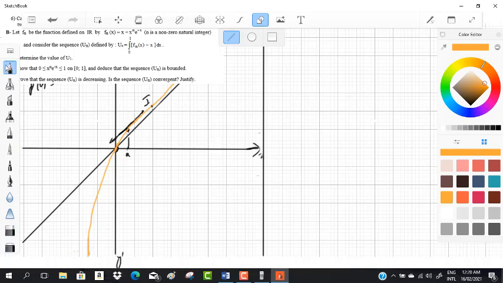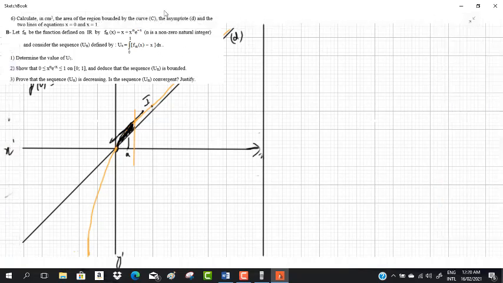The area is this region here, between the curve C, the line D, and the two lines x equals 0 and x equals 1.